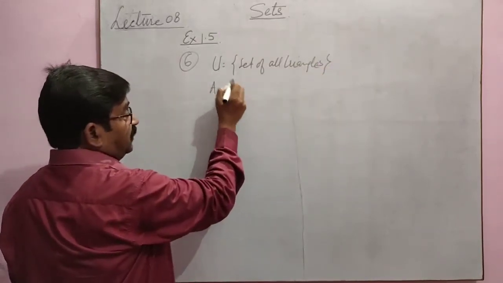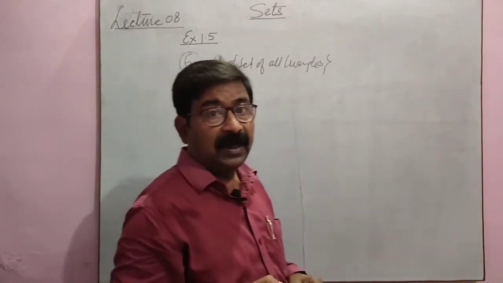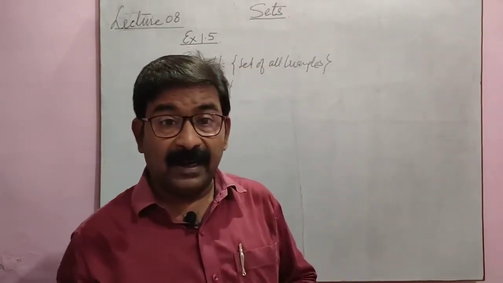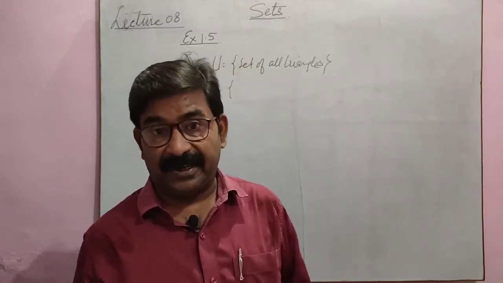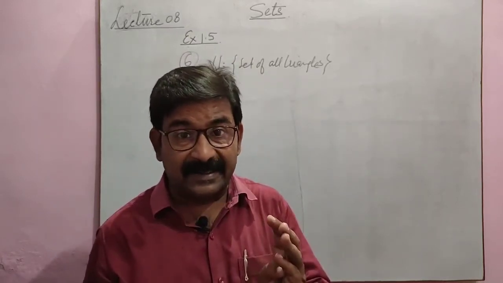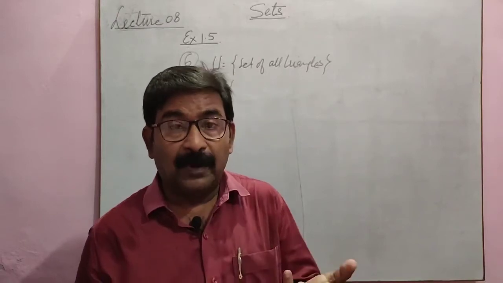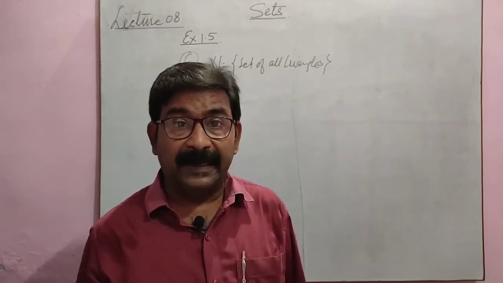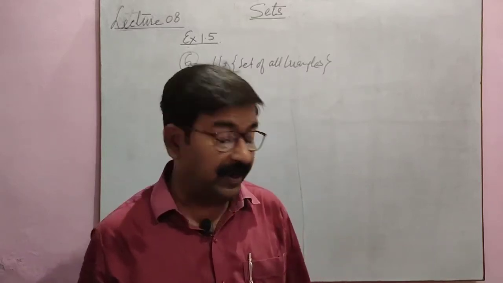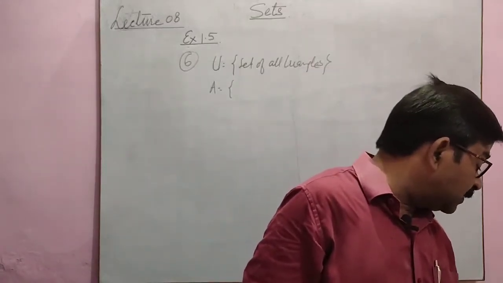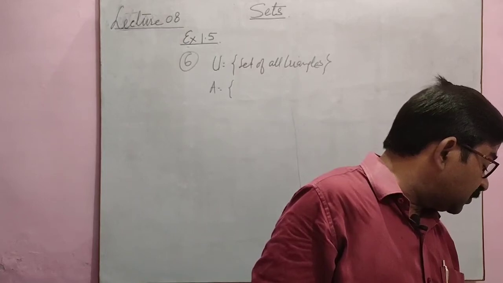Set A is given, at least one angle is of 60 degrees. At least a minimum of one angle. So maximum all three angles 60 degrees, that will be an equilateral triangle.